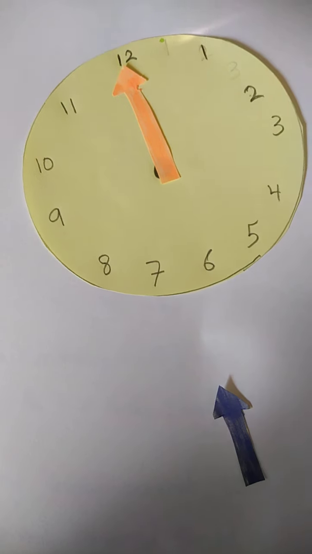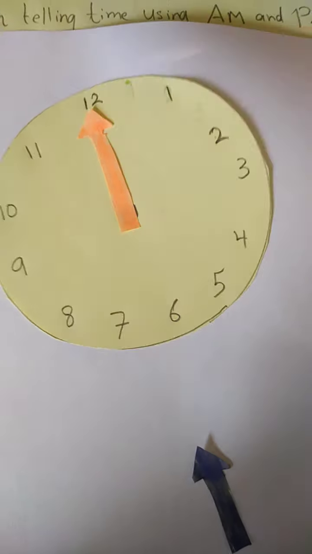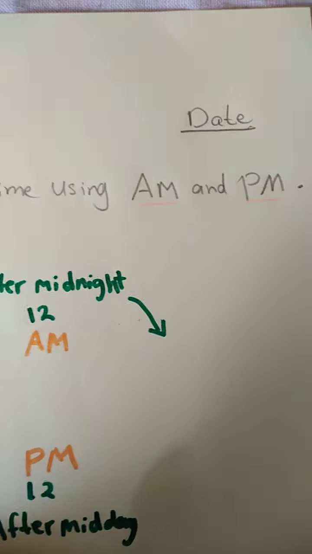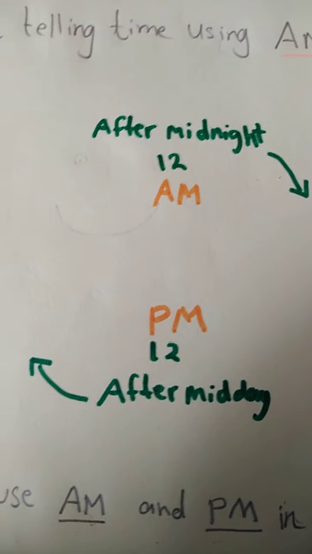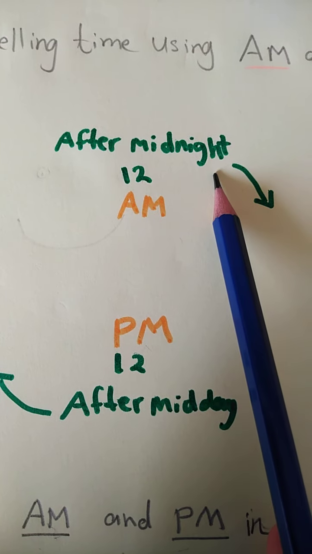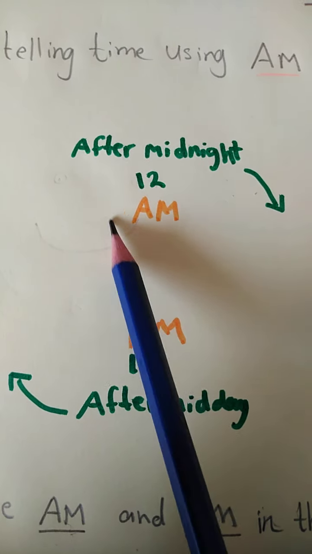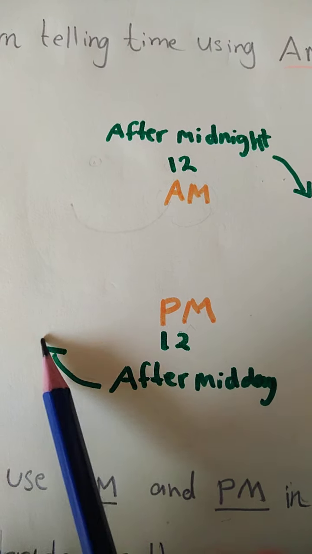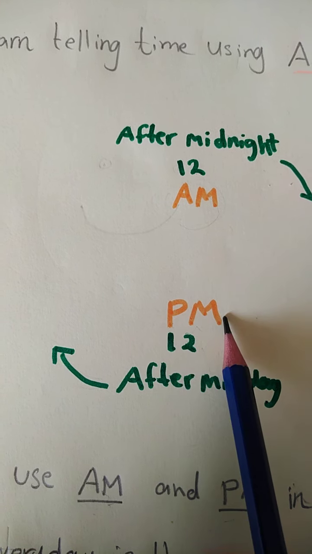Now I will show you how to use AM and PM. Let's keep in our mind, if it's after midnight, 12, I'm going to use AM. If it's after midday, it's going to be PM.